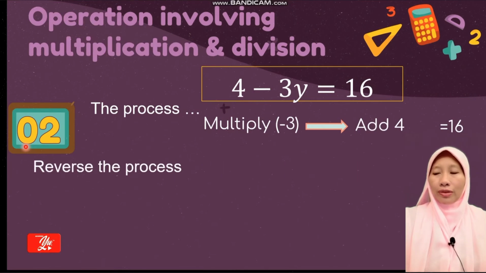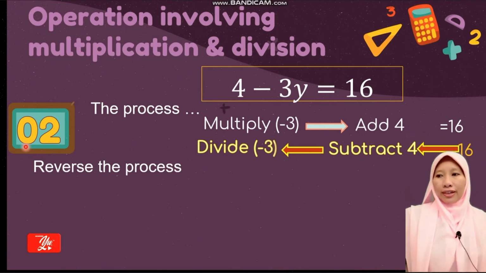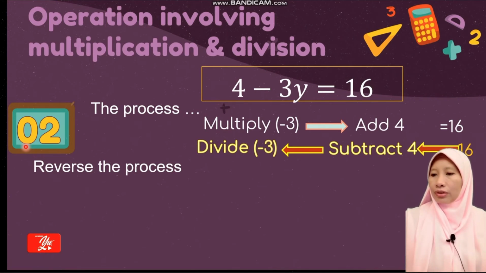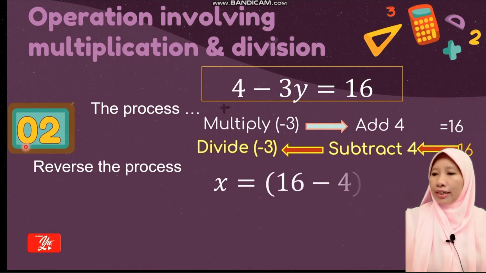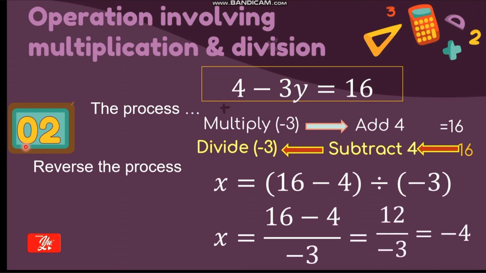When we reverse the process, 16 subtract 4 and then divide negative 3. So y equals 16 minus 4 in bracket divide negative 3. So y equals negative 4.